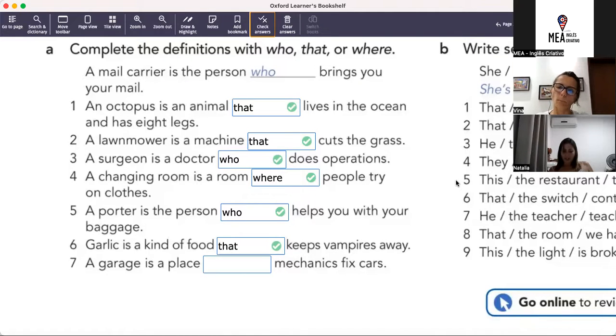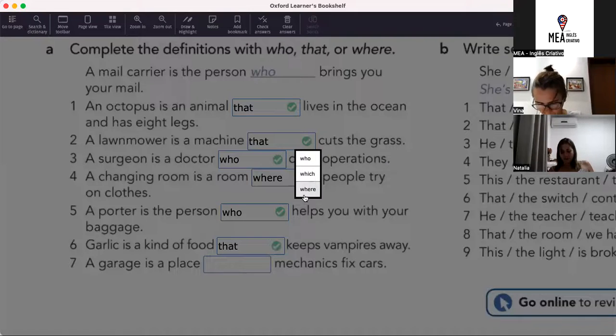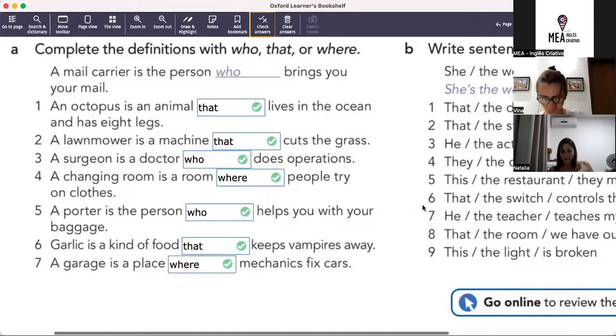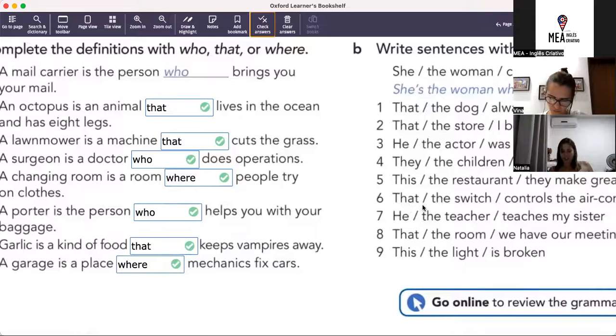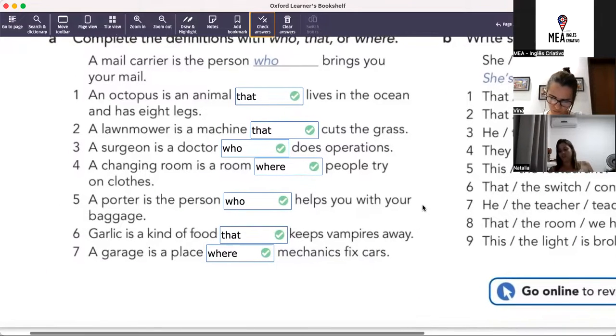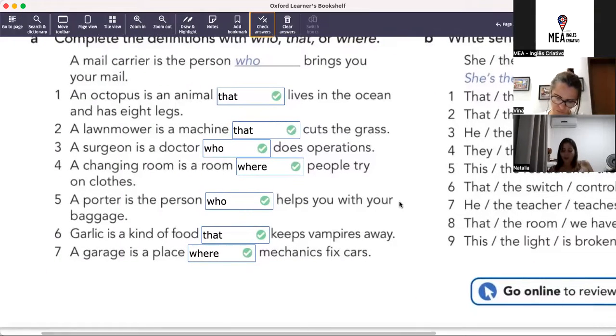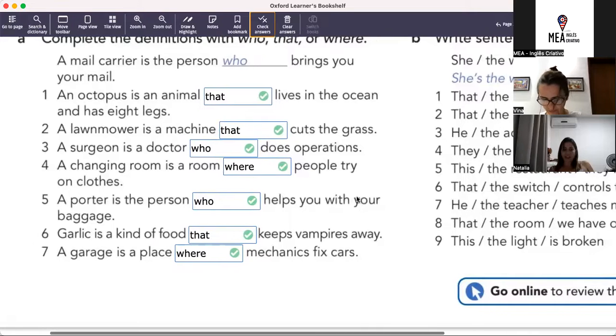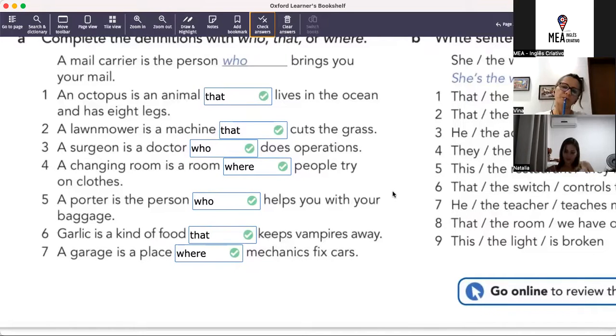A garage is a place that mechanics fix cars. Não, então não é that, eu acho que é where. A garage.